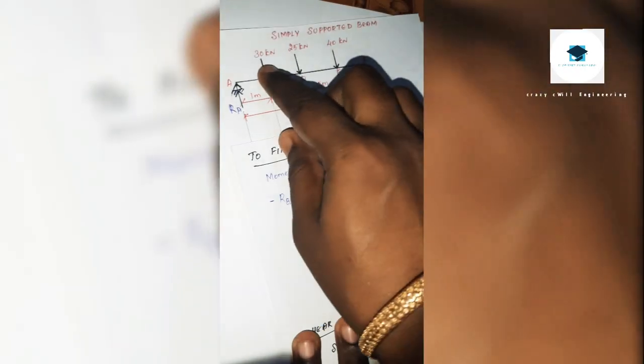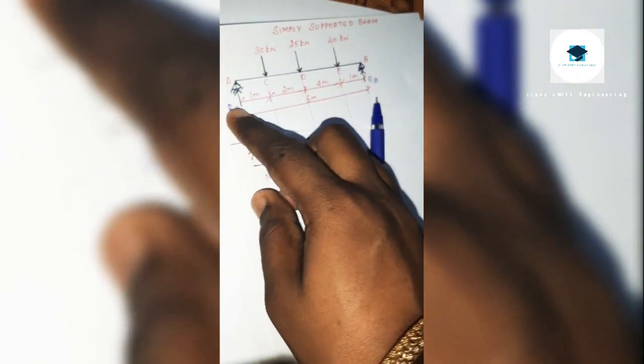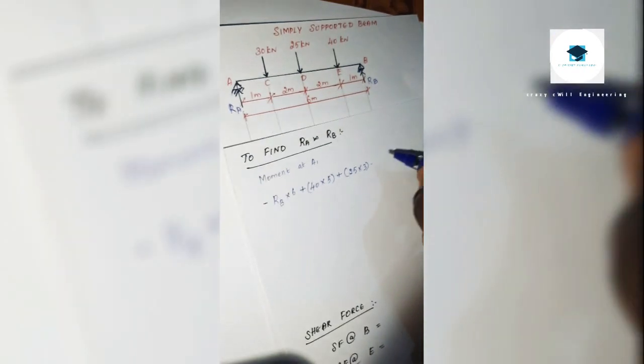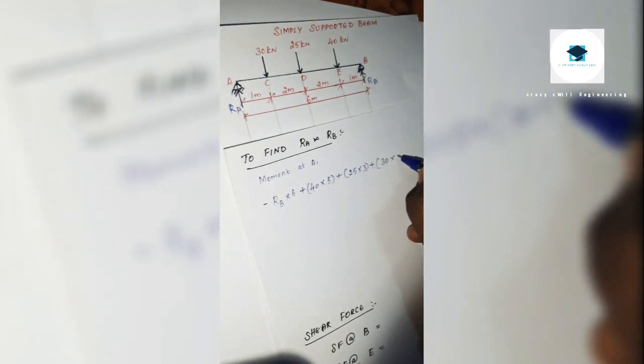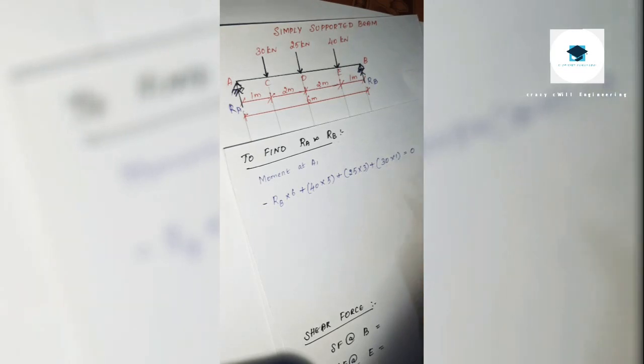The 30 kilonewton load is also acting clockwise towards A, so positive. The load is 30 into distance 1, equal to 0.